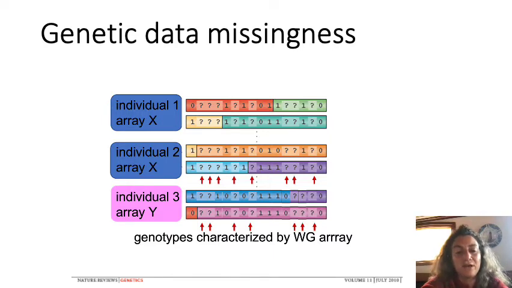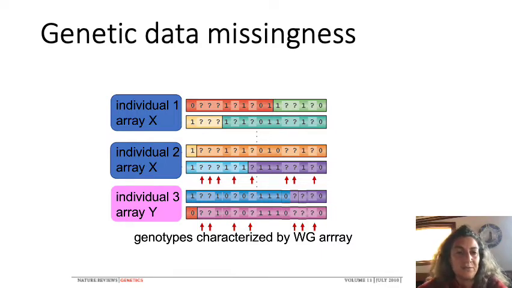And for many variable positions on the genome, we do not have matching information across genotyped sets of individuals. For instance, look at what I try to depict here. Think of three individuals.